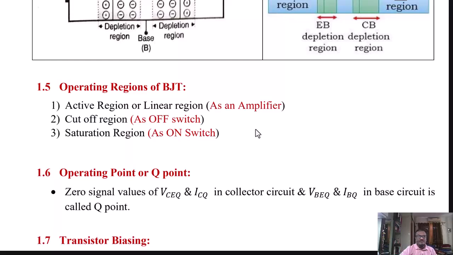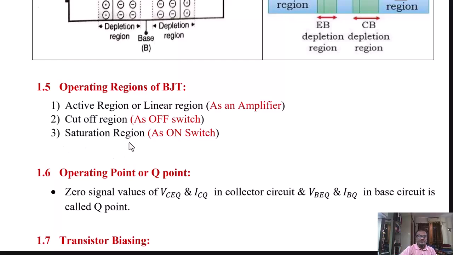The second region is cutoff region, in which no current flows through the BJT and therefore it is acting as an off switch. The third is saturation region.